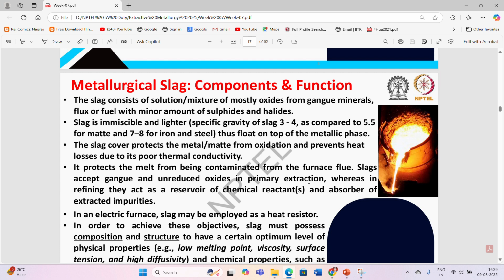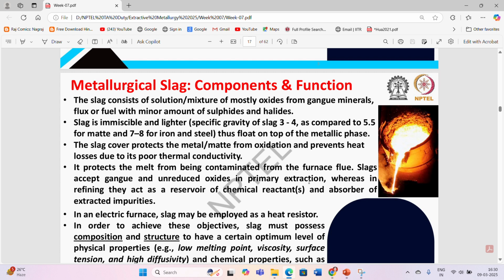So slag is immiscible and lighter, having a specific gravity of around 3 to 4 due to the high content of silica, which has a specific gravity of around 2.6 or 2.7, as compared to 5.5 for matte and 7 to 8 for iron and steel. Thus it floats on top of the metallic phase.